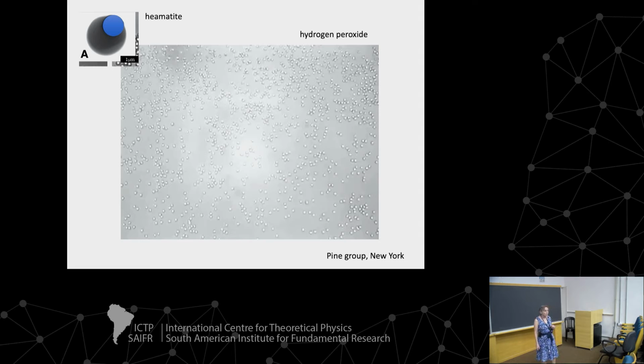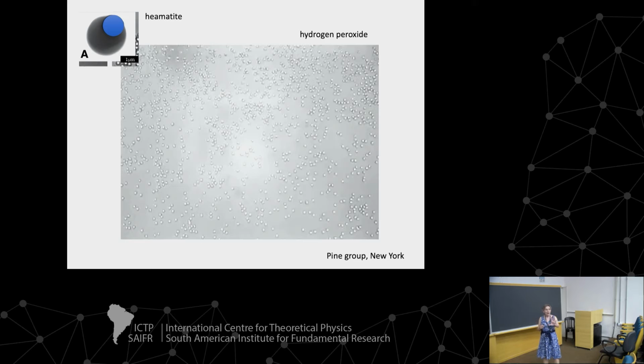These are active colloids. People are trying to make active systems. The way they make these is that they're colloids, and there's a little bit of hematite stuck on the end of a colloid, and then they are put in a suspension with hydrogen peroxide in it.